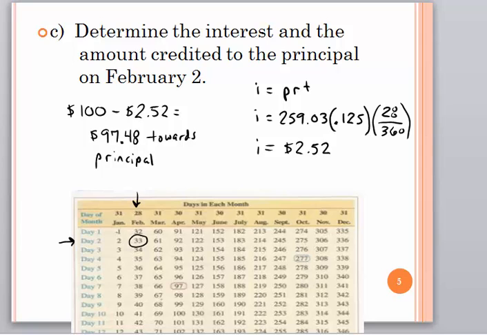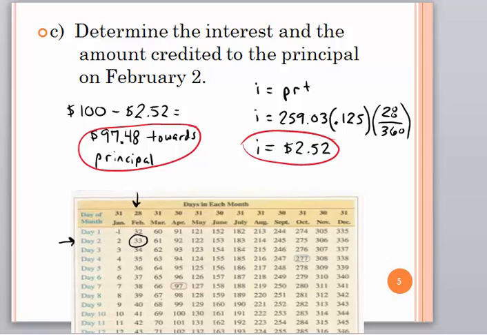And again, to sum it up, the question asks us to determine the interest, which we have done here, and also to determine the amount credited towards the principal on February 2nd, which is what we have done here. Now, before we move on, we do need to determine how much principal is left at this point after she has made these two partial payments.